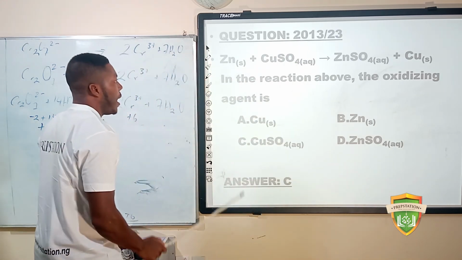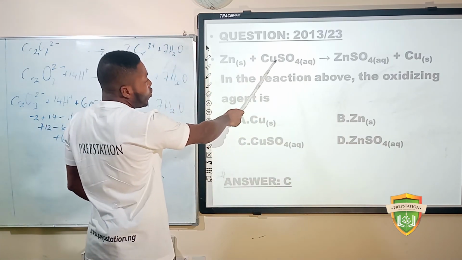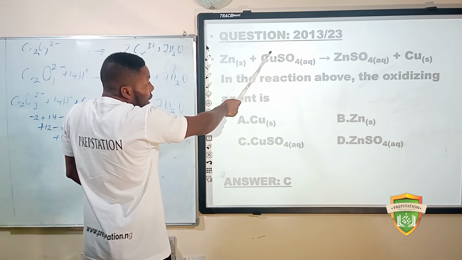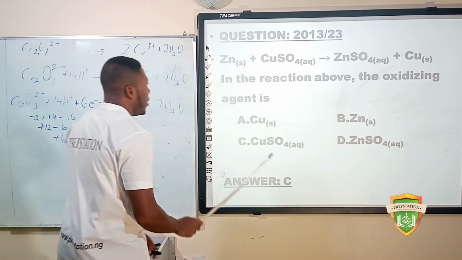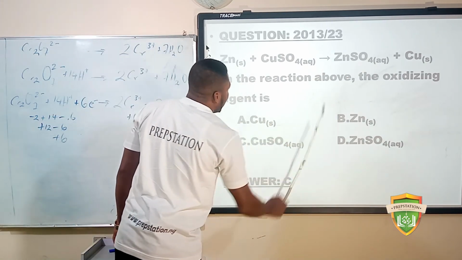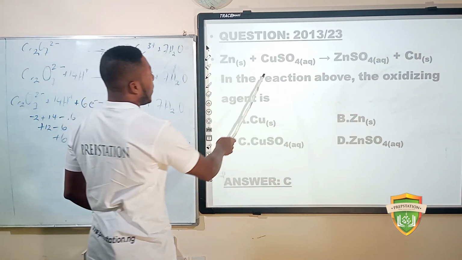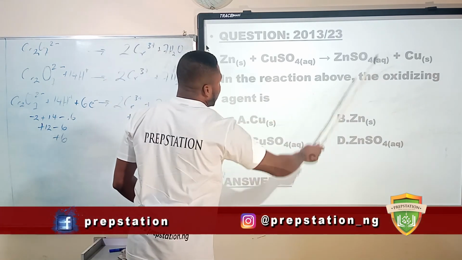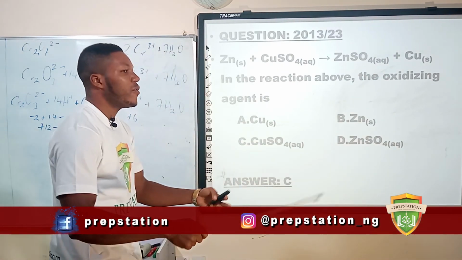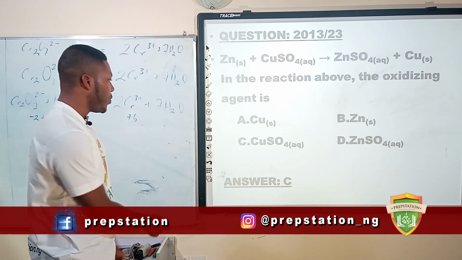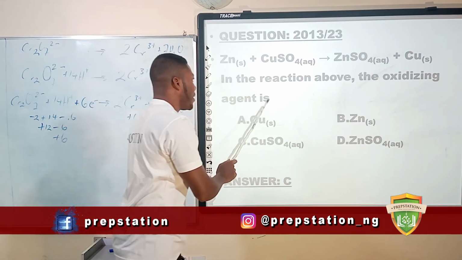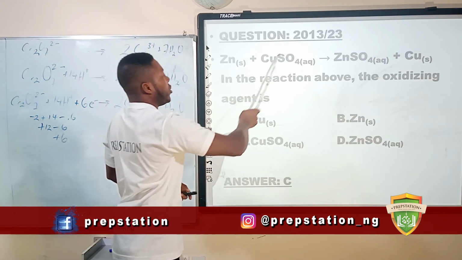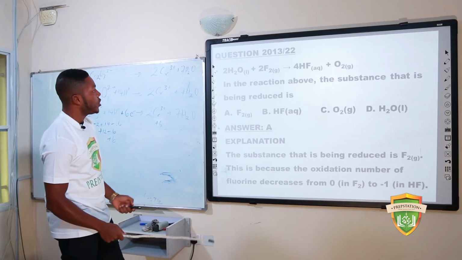And this is copper 2+ ion to copper. So from +2 to what? To 0. Okay? So from zinc to zinc 2+ is oxidation. From copper 2+ to 0 is what? Reduction. So what gives rise to oxidation? The answer there is C. So C is an oxidizing agent that enables reduction to take place. Next question.